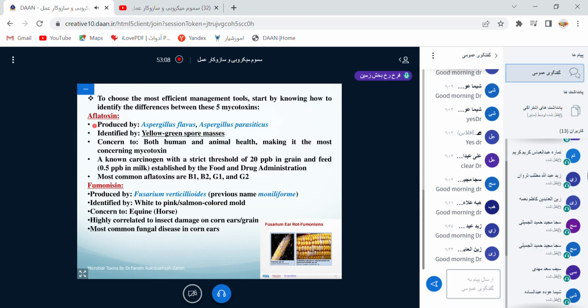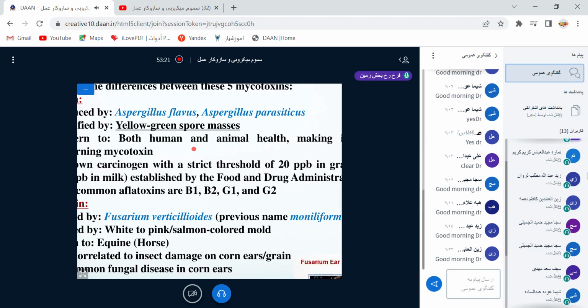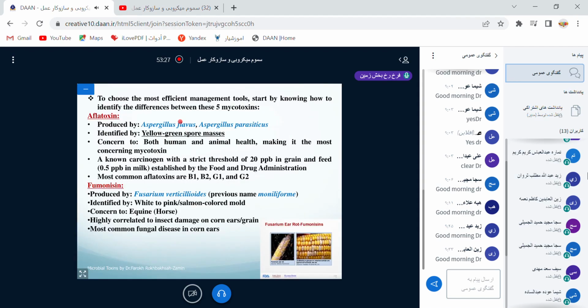Again, I remind you that the most important toxin in most cereals is aflatoxin, and it is produced by Aspergillus flavus and Aspergillus parasiticus. Aflatoxin.